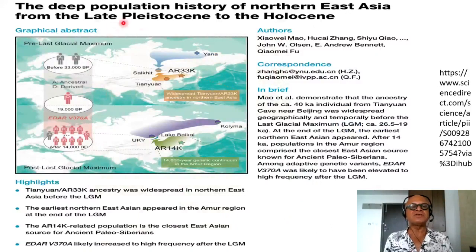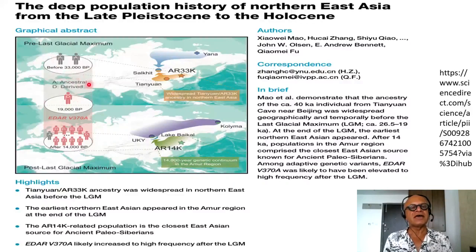Maybe I'll just include this as well here, just to complete this story. The depopulation history of Northeast Asia from late Pleistocene to the Holocene. Various estimates pre-last glacial maximum, before 33,000 before present.